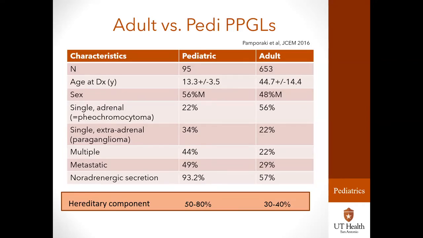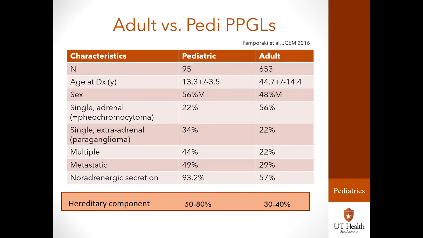These are summarized here from a recent publication with the largest cohort of pediatric PPGL. Other than age, the distribution of sex is not very different, but pediatric patients tend to have extraadrenal tumors or paragangliomas more often than adult patients, relative to pheochromocytomas.